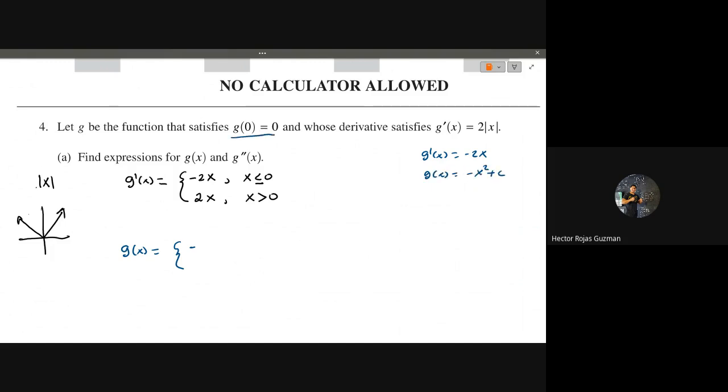Then I can use my initial condition to solve for c. So that means my function is just negative x squared for x is less than 0. Let me make this bigger. At the same time, we're also going to get x squared for x is greater than 0.